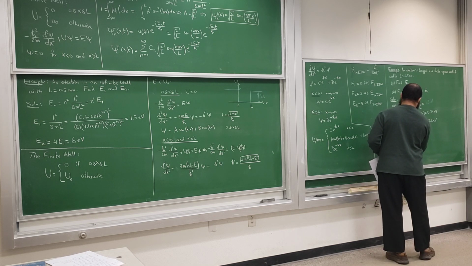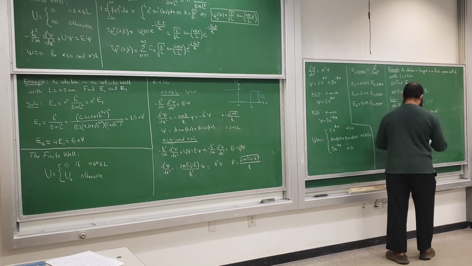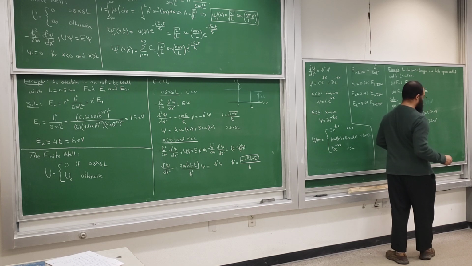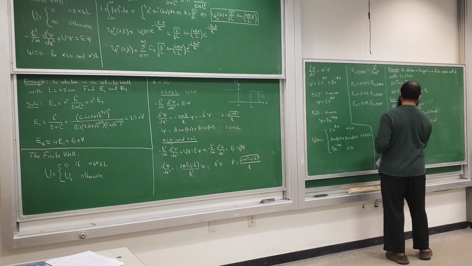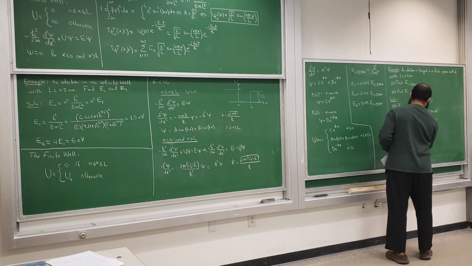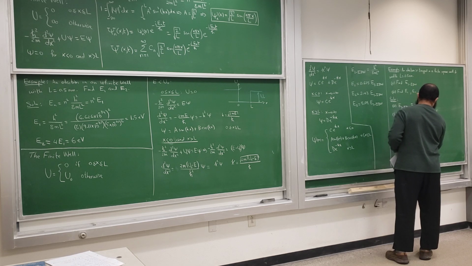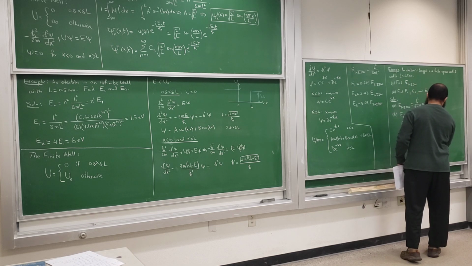E3 is going to be 5.09, 4.5, thank you, times 1.5, and that turns out to be 7.6 eVs.